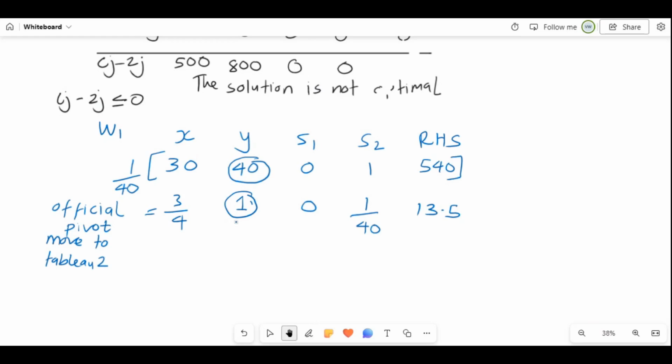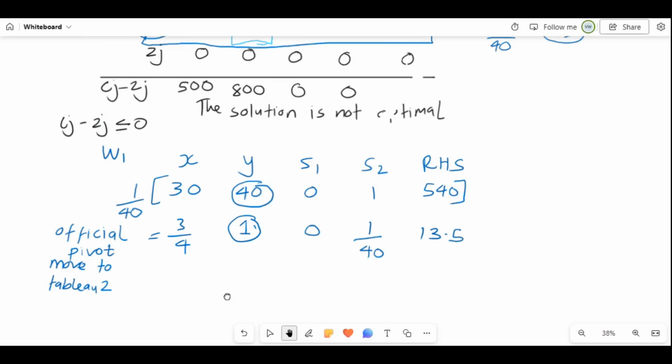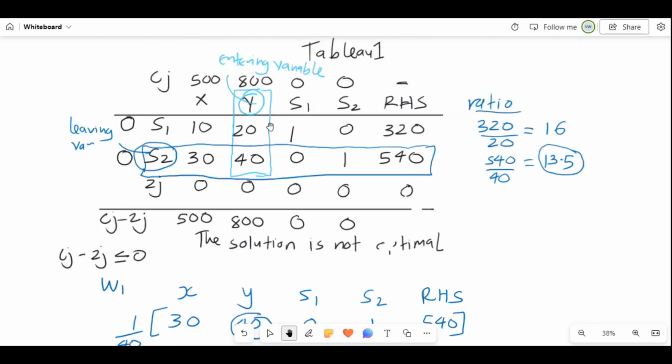So now that we've made the pivot element to be 1, remember what we said, we have to make the other constraint a constant by changing the element here to be 0. If you want to make this element here to be 0, someone else may say we multiply by 0, but you'll realize that if we multiply by 0, then it will make everything else 0.